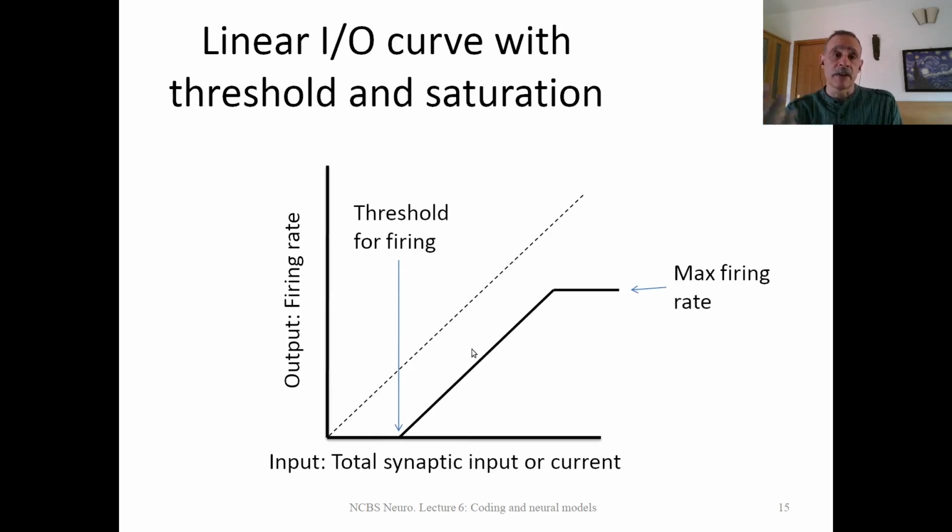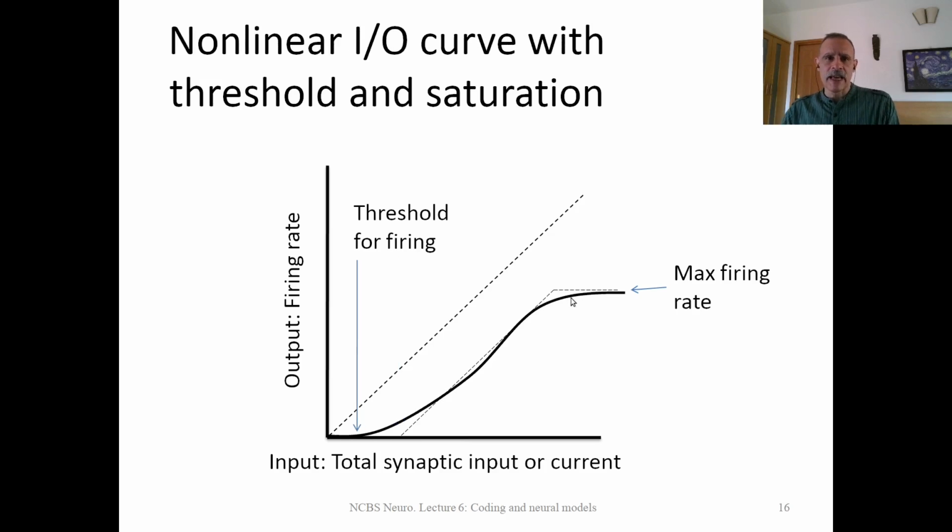But there's another thing, right? I already indicated to you that neurons can't fire beyond a certain frequency. And the typical maximum firing rate for most neurons is of the order of 100 hertz. Some specialized neurons like Purkinje cells can go up to 200 or more hertz, right? So that puts a kind of a cap on the maximum firing rate. So your nice linear relationship is now only linear over a certain domain. There's a threshold, and then there's a maximum. Now, of course, real neurons aren't going to have these abrupt changes and totally linear things in the middle.